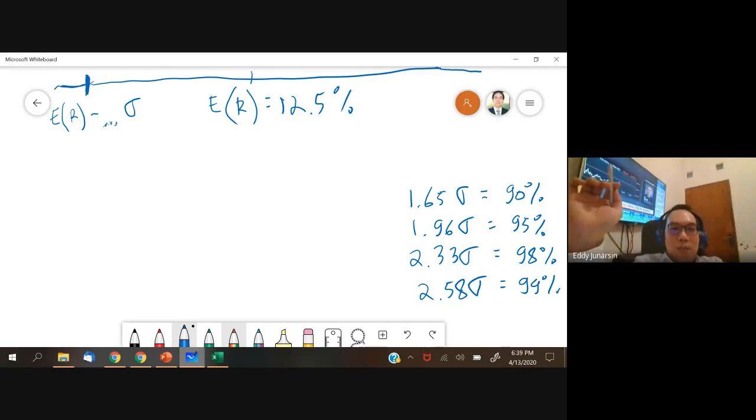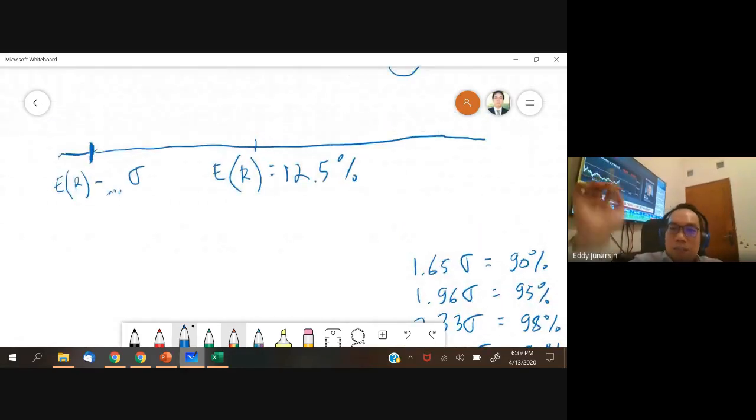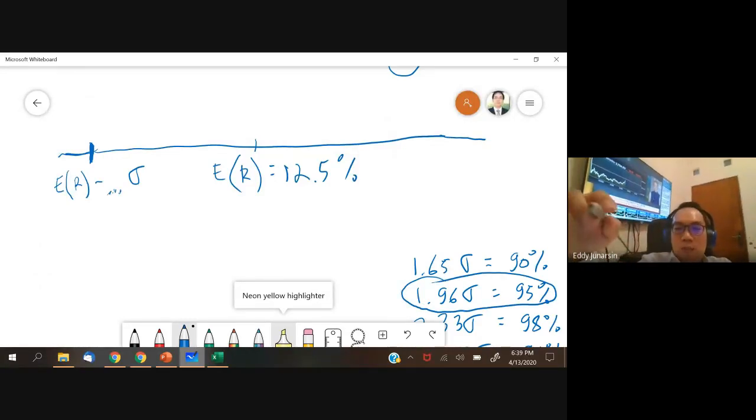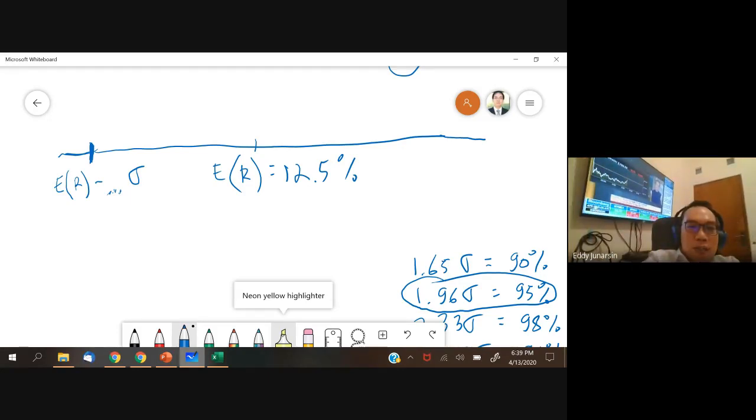So let's use an example here. Let's take a 95% confidence level. So 1.96 is the coefficient. To make it easy, I will write 2, which is quite close to 1.96, so it's okay.